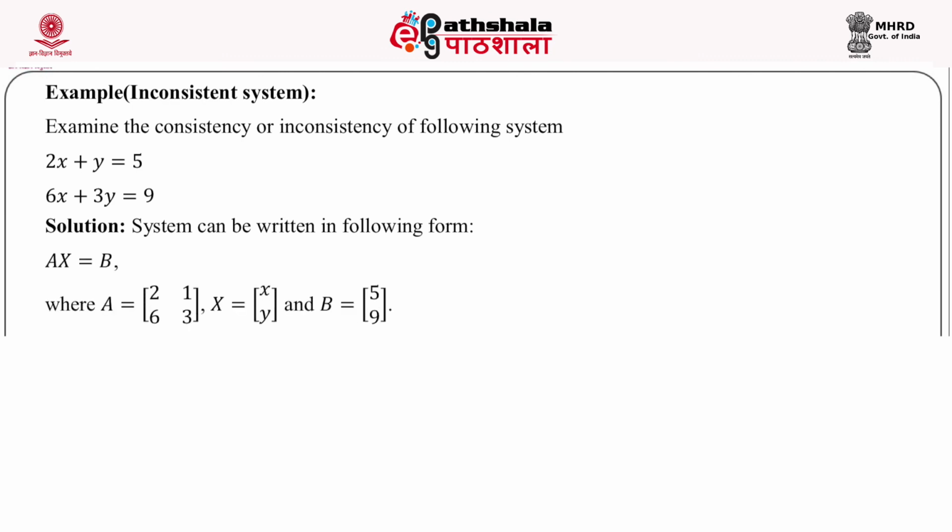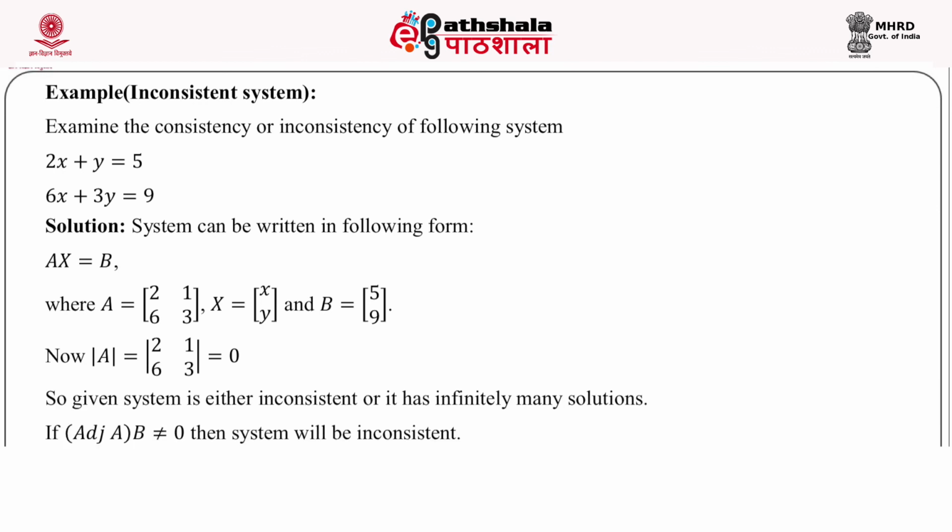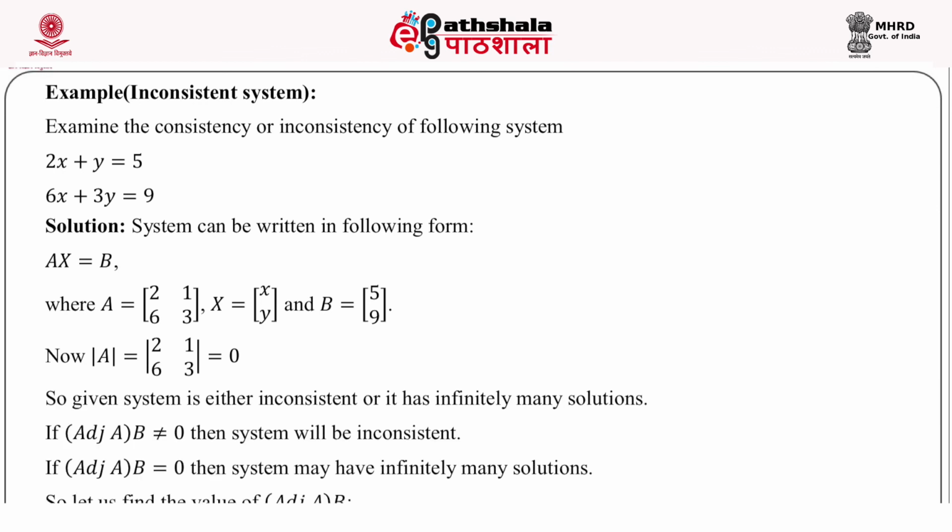Let us write this system in matrix form. Here the coefficient matrix will be A dash matrix, the variable matrix will be X dash matrix, and the right hand side matrix will be B dash matrix. Again find the determinant of the coefficient matrix, which is 6, which is clearly non-zero. So the given system will have a unique solution.